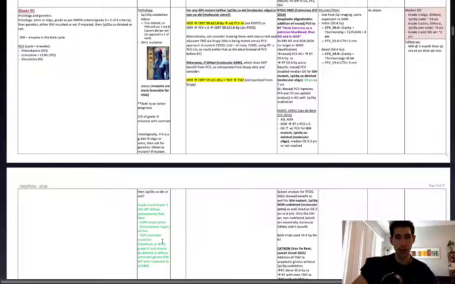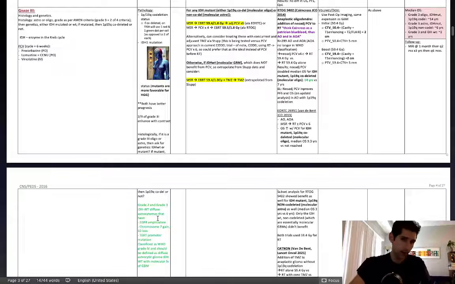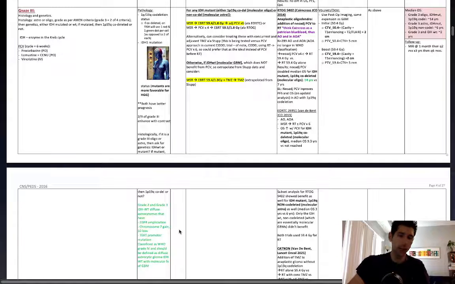Grade 2 and grade 3 IDH wild type diffuse astrocytomas are considered GBMs. And again, if they have EGFR amplification, chromosome 7 gain or 10 loss, TERT promoter mutation, they're classified as WHO grade 4 and should be defined as diffuse astrocytic glioma IDH wild type with molecular features of a GBM.